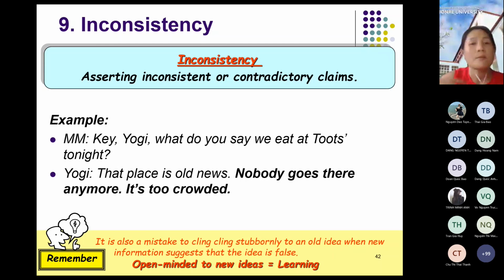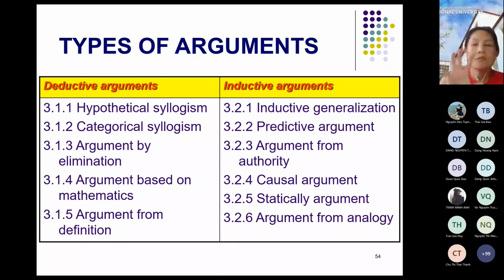So at least by today you remember the 9 types plus the 11 types from last week, and not only the names, but also how to identify the mistake in the argument. This slide recalls the 11 types of arguments that we learned. Some of them have similar names to the fallacies we learned today.